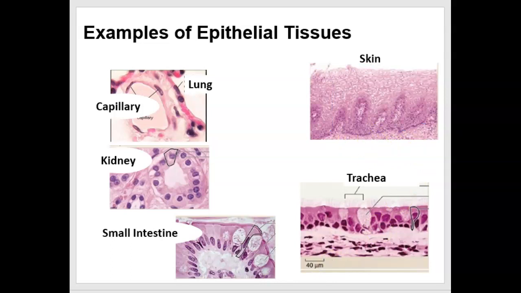Then in the trachea, things become a little bit crazy. So this is the basement membrane of the tissue. And here is where the lumen is. So the trachea is where you take in air, right, on its way to the lungs. And it's lined with epithelial tissue. But now these nuclei look really strange. You can't make out cell shapes.